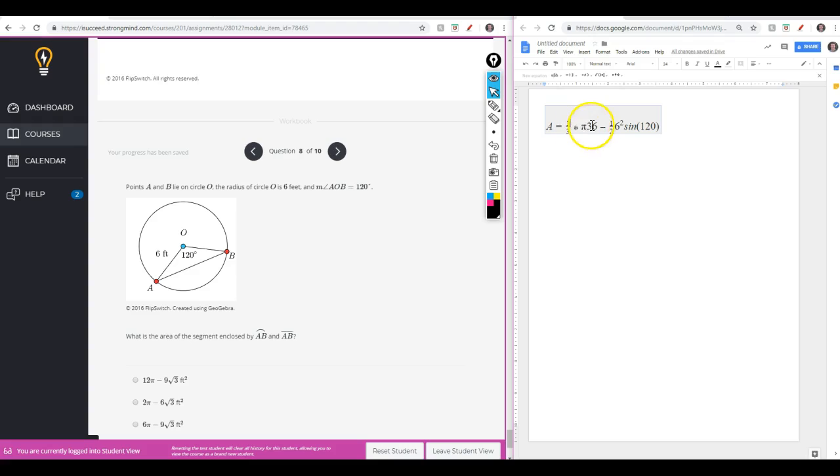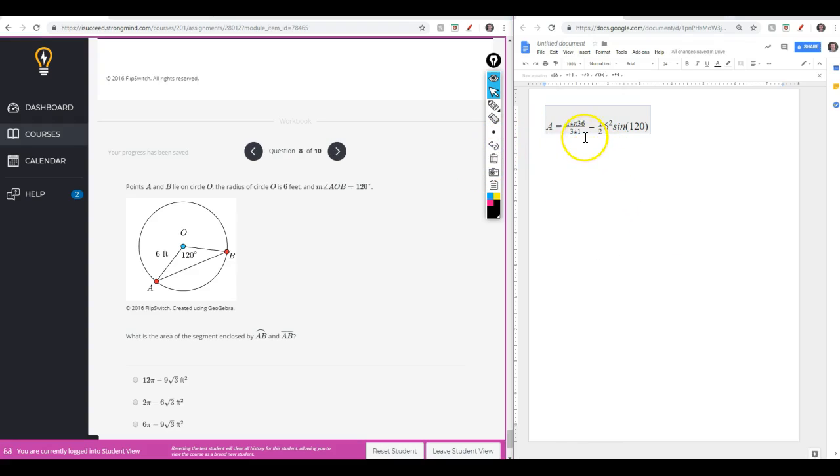So pi and 36 can both be written as a fraction over 1. So I'm just going to combine them up here: 1 times pi 36, because it's numerator to numerator, and 3 times 1 is just 3. So that's how we would combine those.